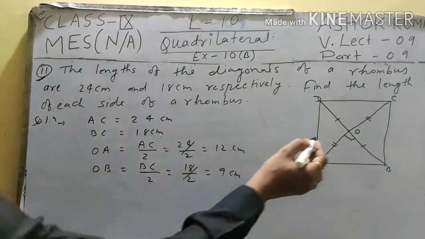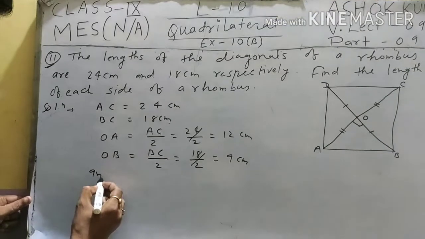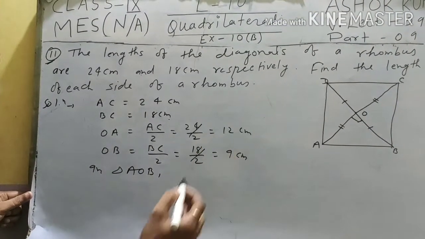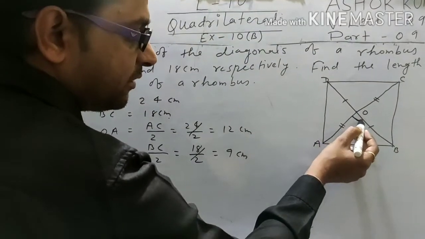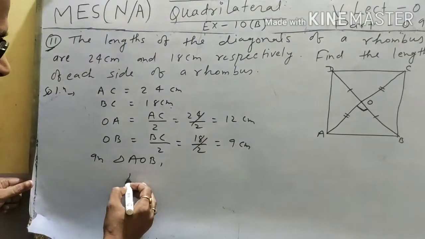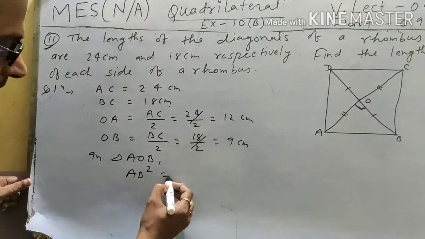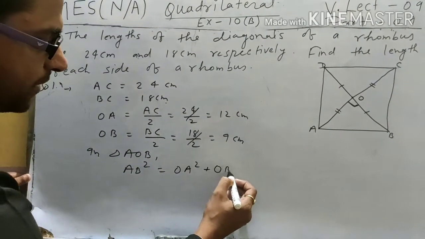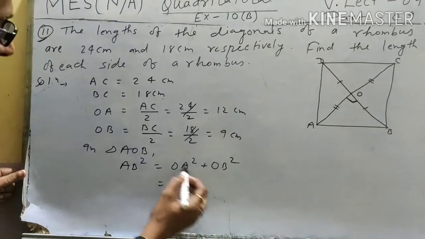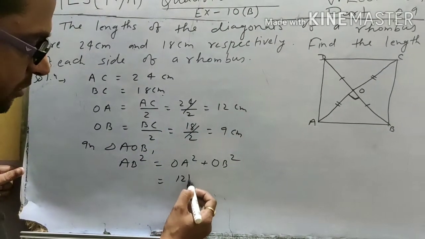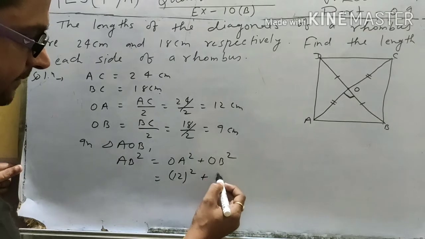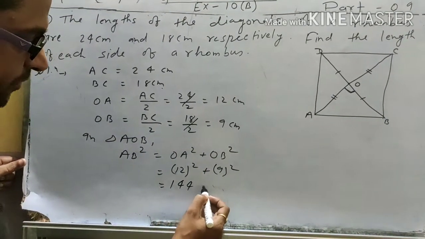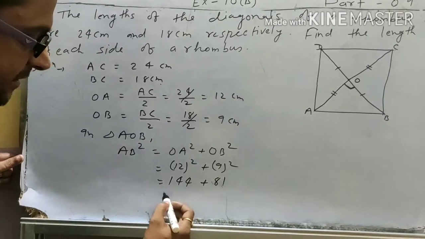Okay, so here make 90 degree. So in triangle AOB, according to Pythagoras theorem, we know that AB square is equal to OA square plus OB square. Here OA value is 12, that means 12 square plus 9 square. 12 square is equal to 144 plus 9 square is equal to 81.